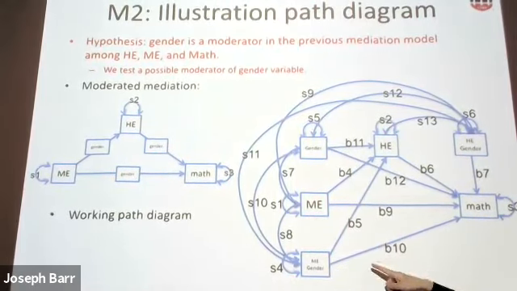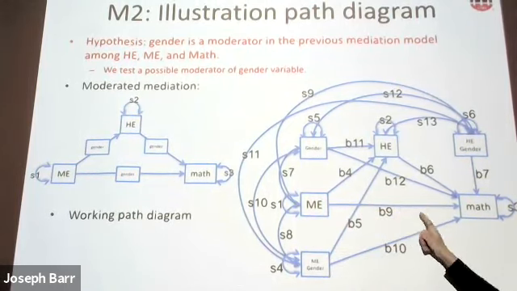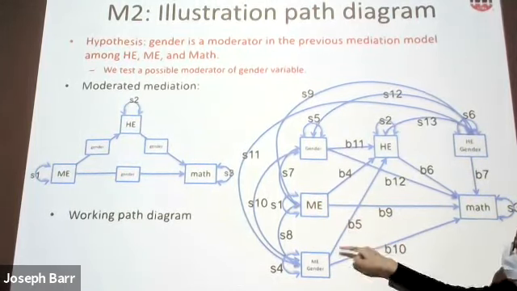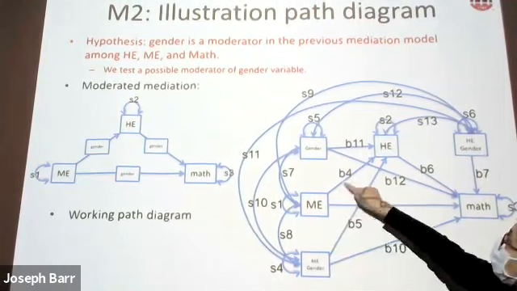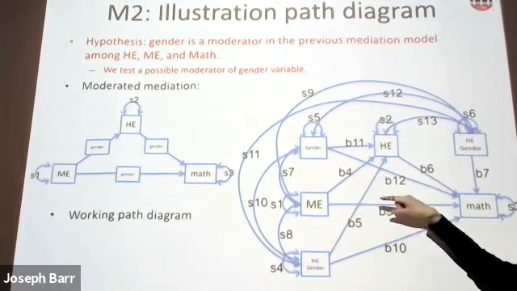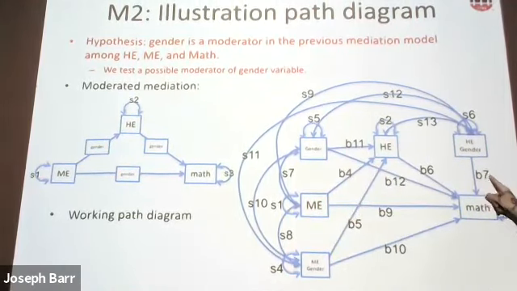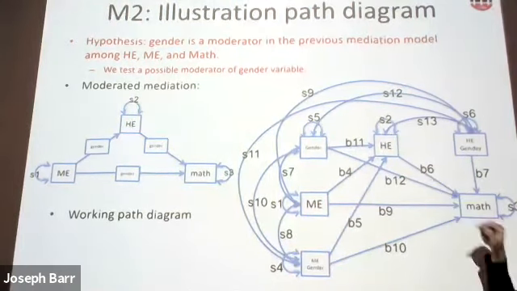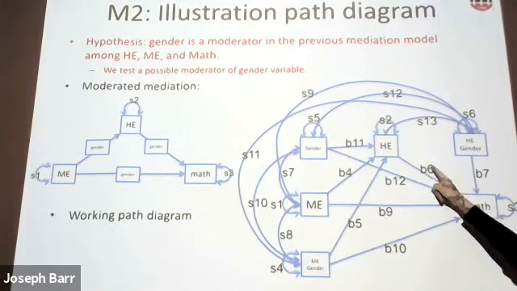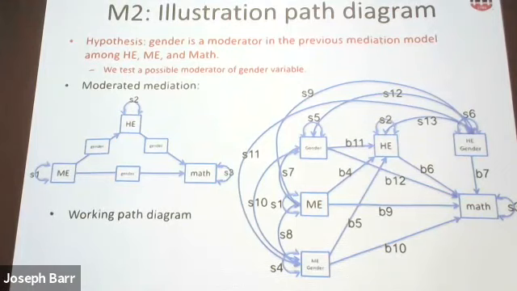So the gender is going to influence the path here. If this is significant, that means the gender is going to influence the path here, okay? If this is significant, that means the gender is going to influence this path, okay? So we have different focus, okay?